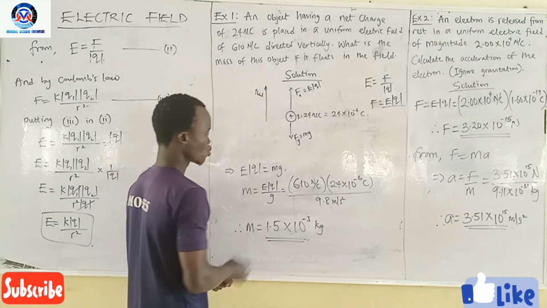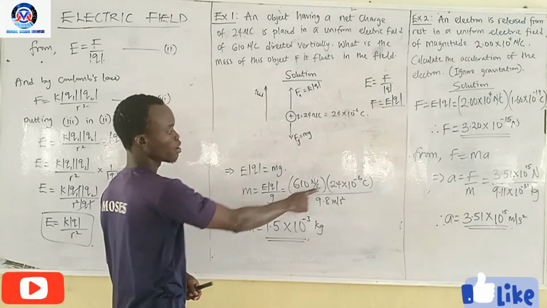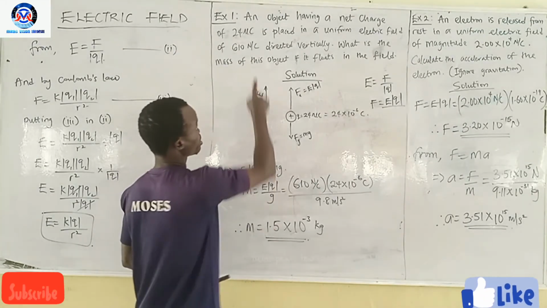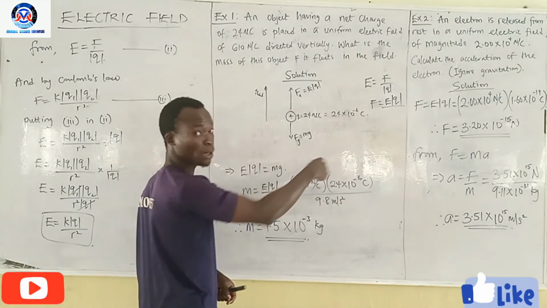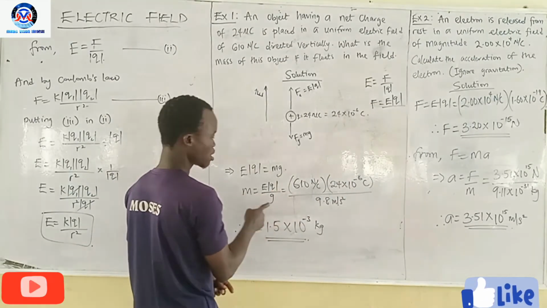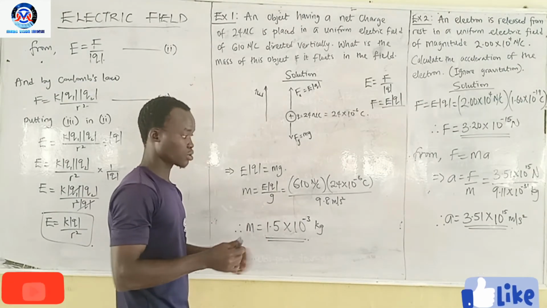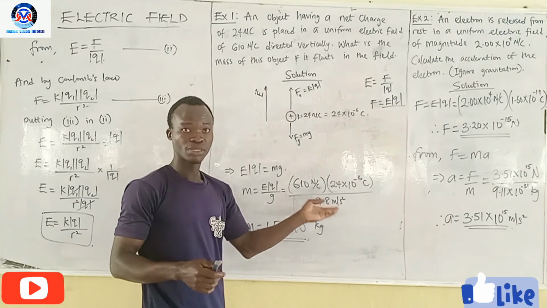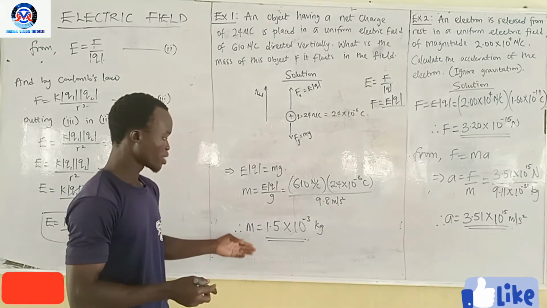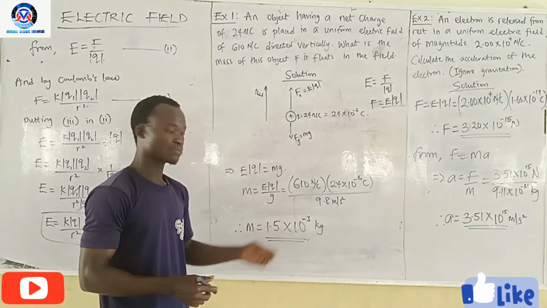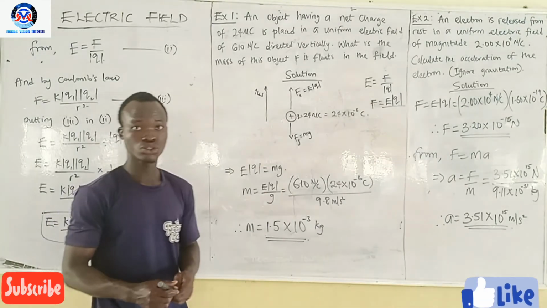From our question, the magnitude of the electric field is 610 Newton per coulomb multiplied by the magnitude of the charge, 24 microcoulomb, which is 24 times 10 raised to the power minus 6 coulombs, over the acceleration due to gravity, a constant, 9.8 meters per second squared. Evaluating this on your calculator, we have that the mass is 1.5 times 10 raised to the power minus 3 kilogram. And that is all for the first question.